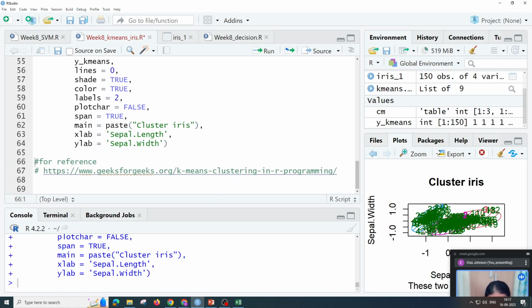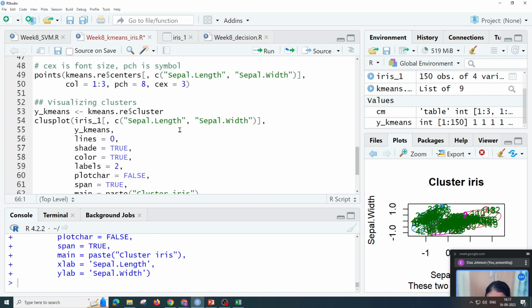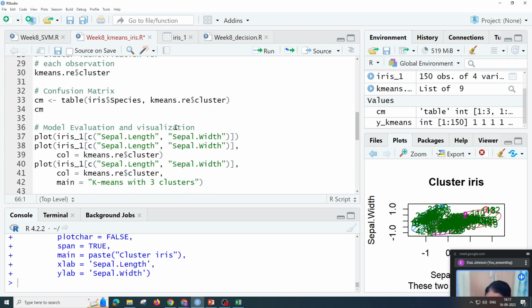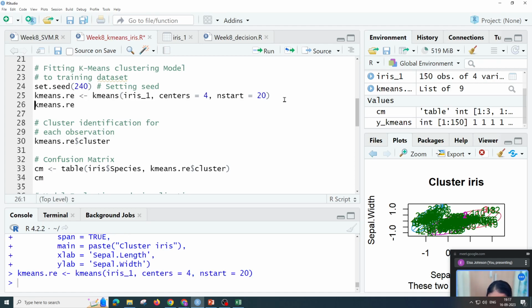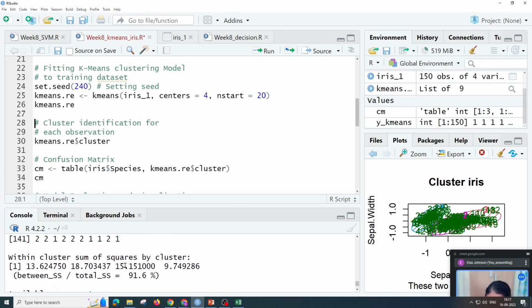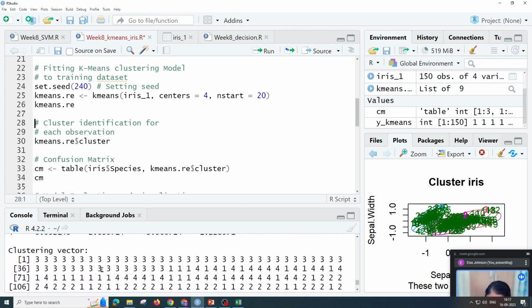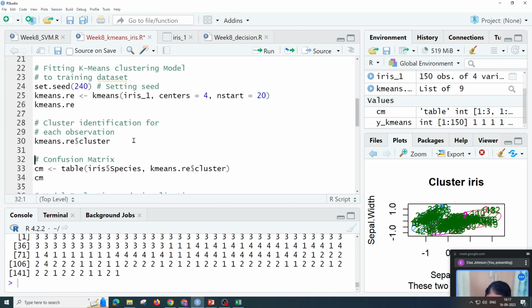So here what we have seen, we have just removed the label first and then we have clustered it again. Okay, so we will see what happens if you give it as 4. If you give it as 4, some clusters are formed now also.